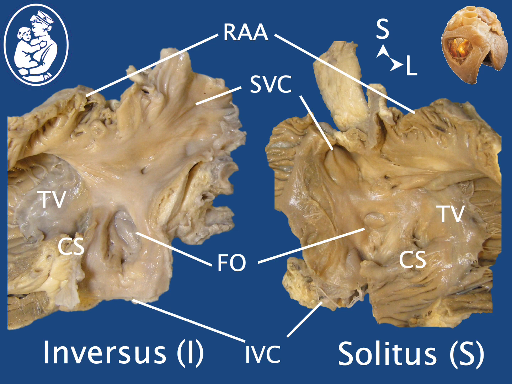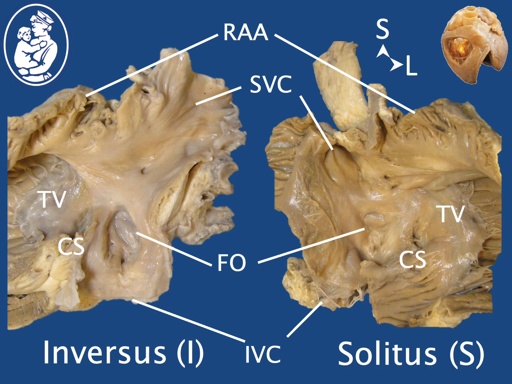In the heart with situs solitus, note that the tricuspid valve is to the left of the fossa ovalis, as is the coronary sinus. In the inverted heart, the tricuspid valve is to the right of the fossa ovalis, as is the coronary sinus.